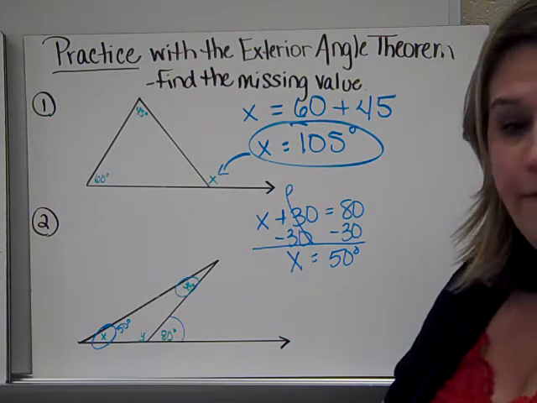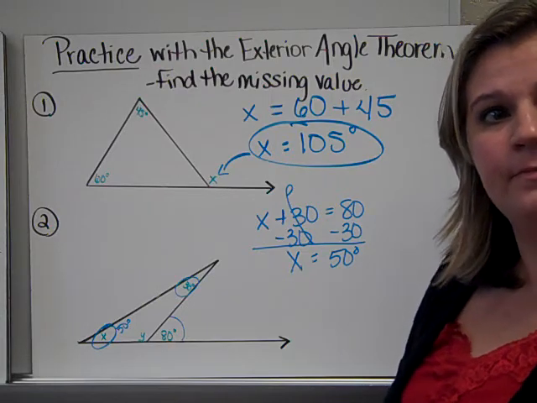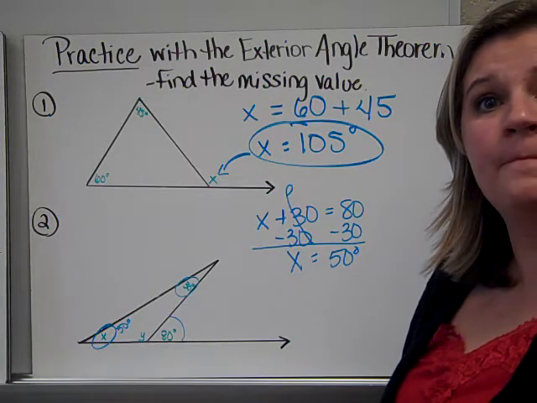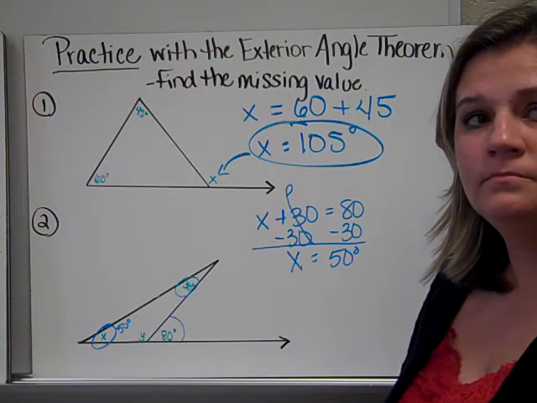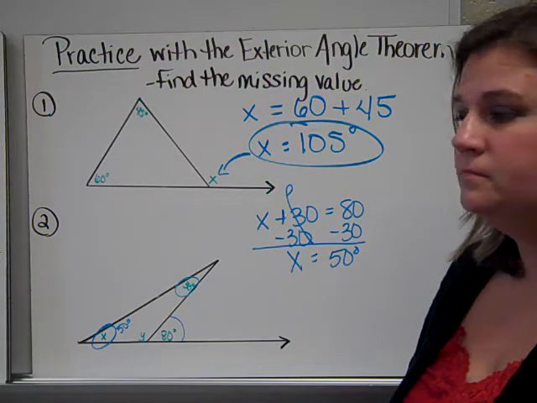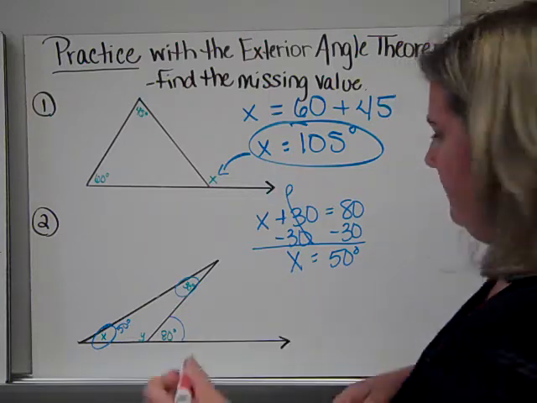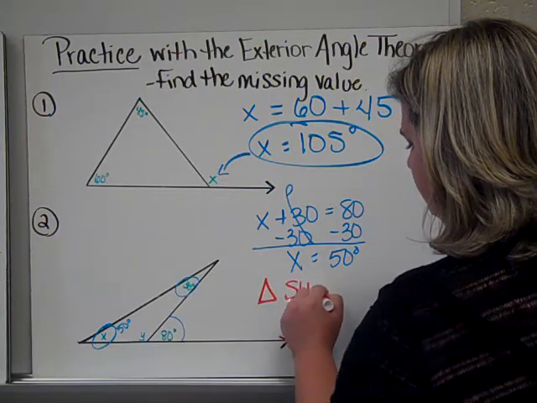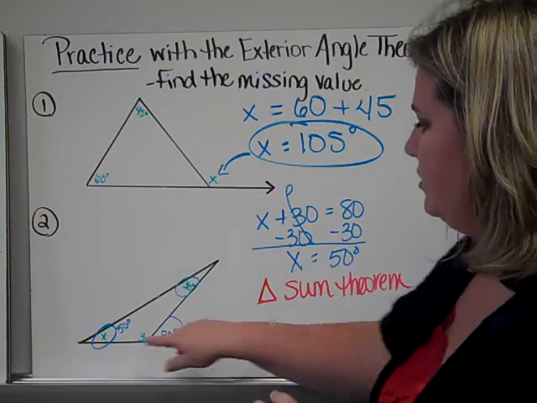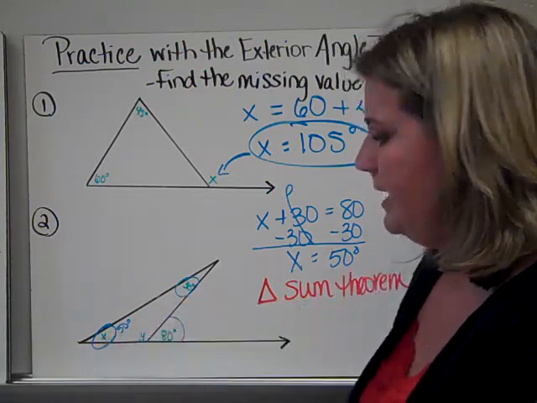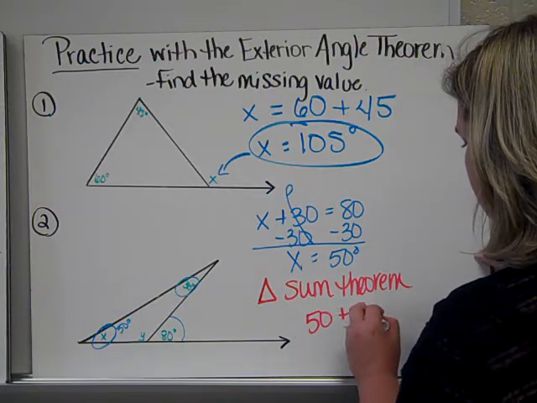Now, to solve for Y, I will be using the triangle sum theorem. I know from the triangle sum theorem that all three of these angles add up to 180 degrees.